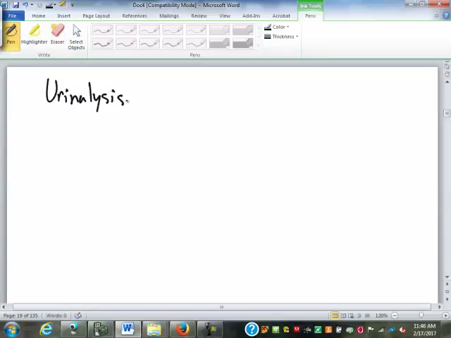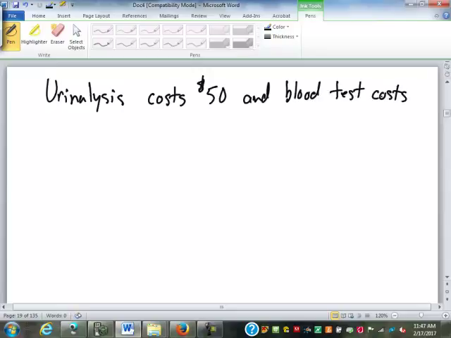A urinalysis costs $50 and a blood test costs $150.